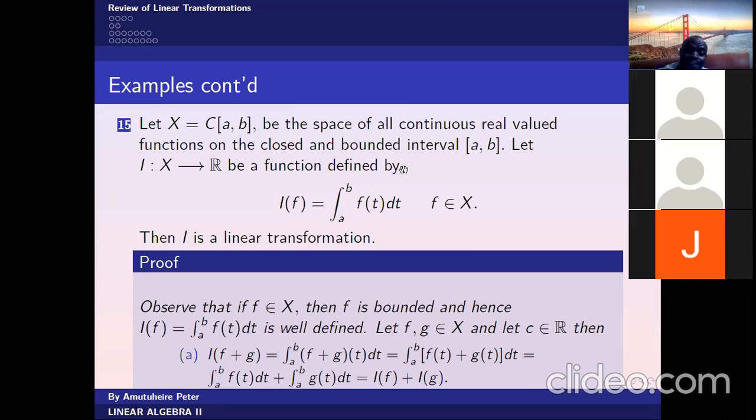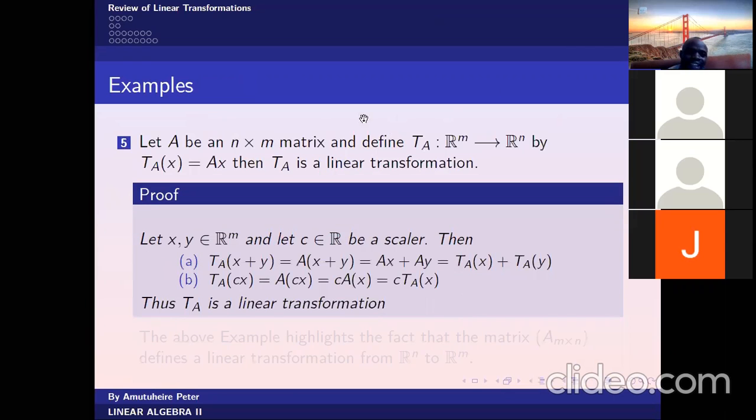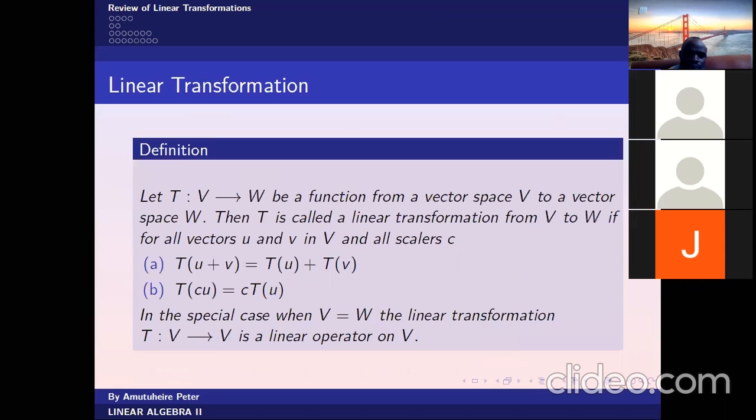Okay. Now, James, let me take you back to the definition of a linear transformation.